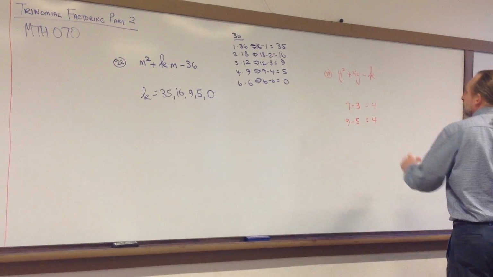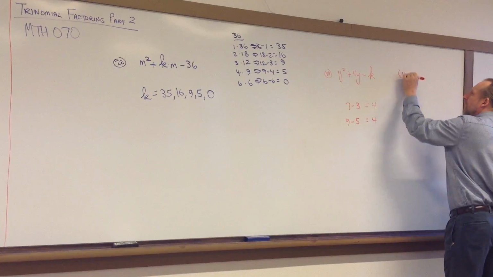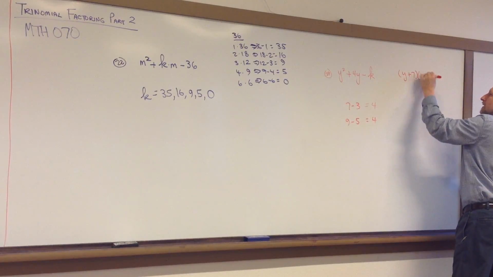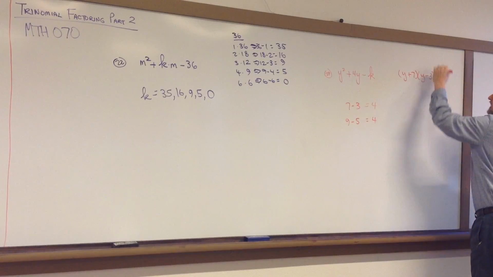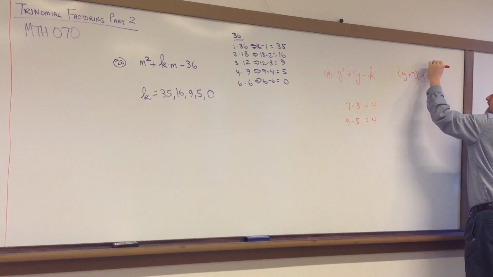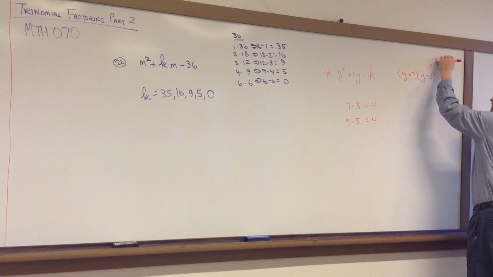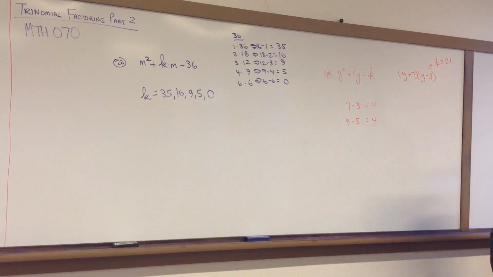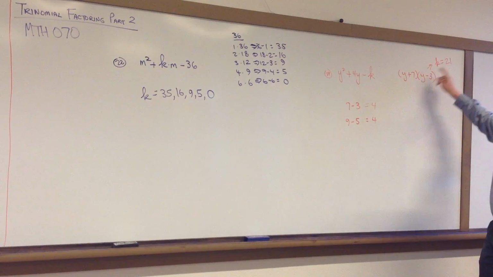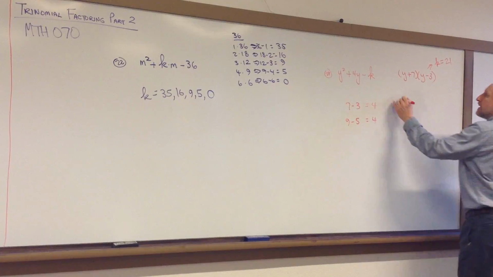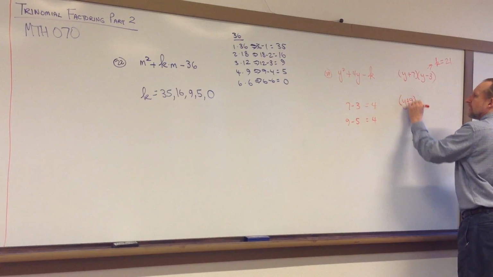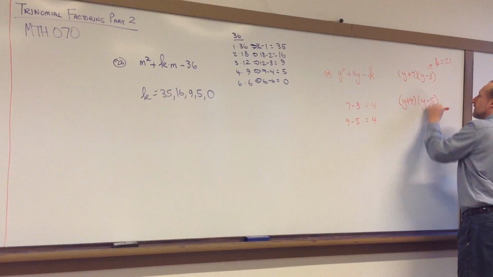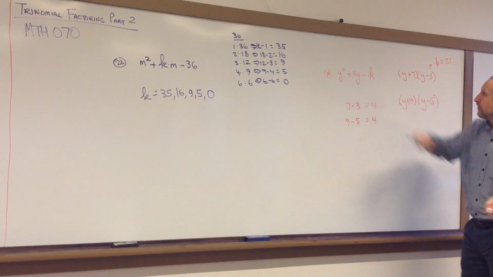So if 7 minus 3 is 4, then we could have y plus 7 times y minus 3. This would make k equal to 21. So 21 would work because 7 and 3 have a difference of 4. Down here, you could have y plus 9 times y minus 5. That would give us a difference of 4.